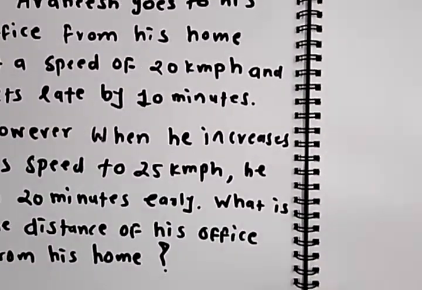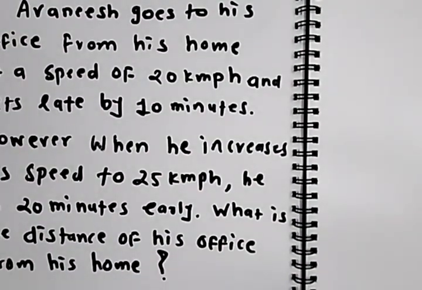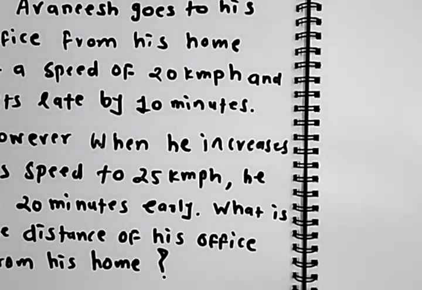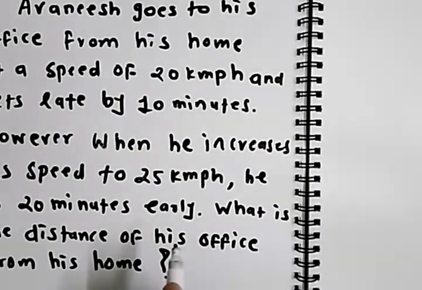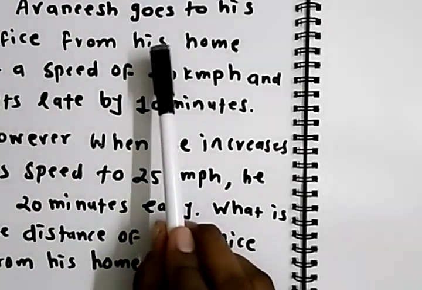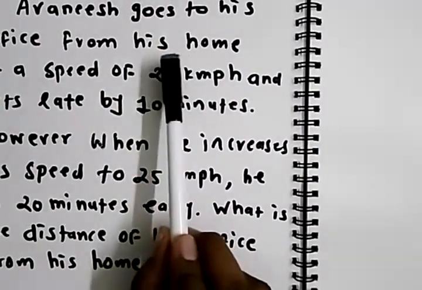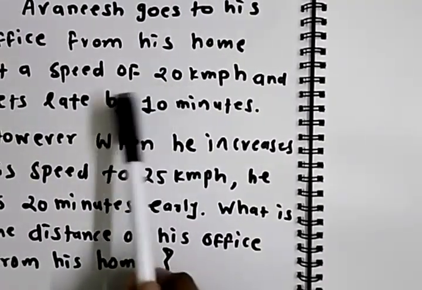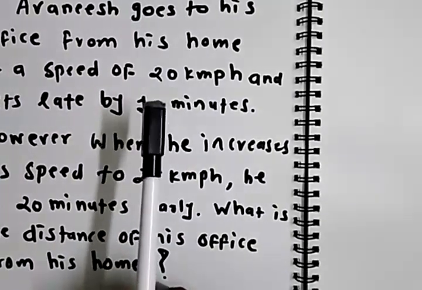So another question again based on time, speed, distances, but we'll apply the same concept here. So Unish goes to his office from his home at a speed of 20 km per hour and gets late by 10 minutes.